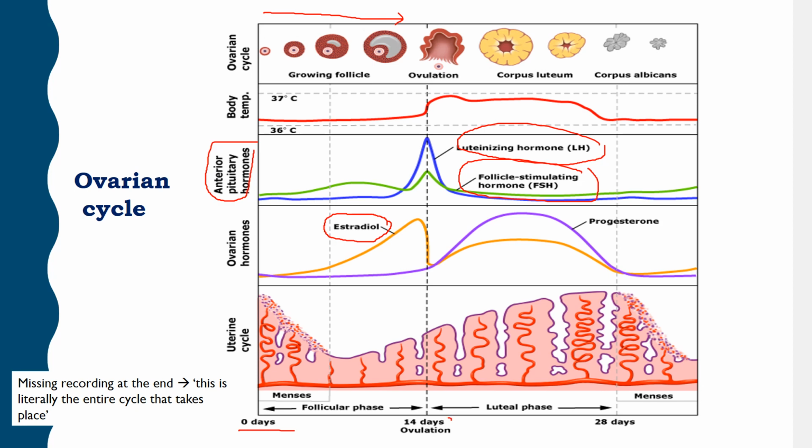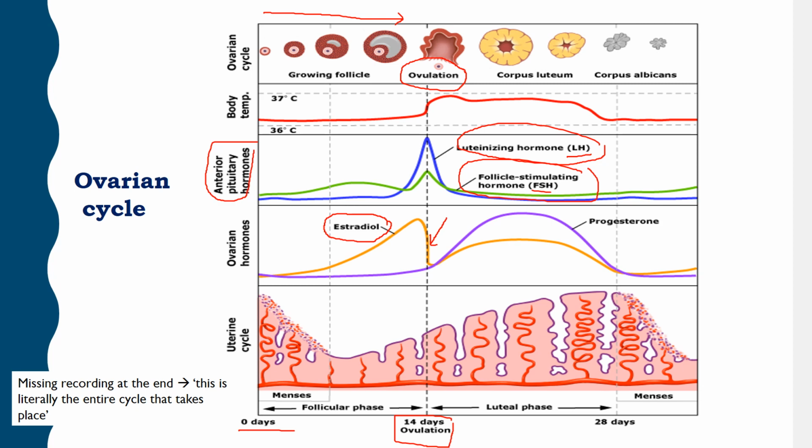And at day 14, which is usually the time of ovulation, there will be a spike in your luteinizing hormone as well as your FSH that eventually leads to ovulation taking place. Because ovulation has taken place, the granulosa cells start to degenerate, so you will see a drop in your estrogen levels here. The ovarian hormones start to drop.